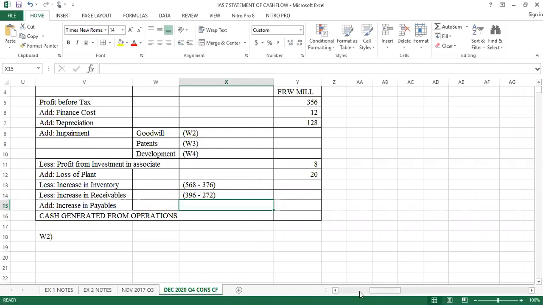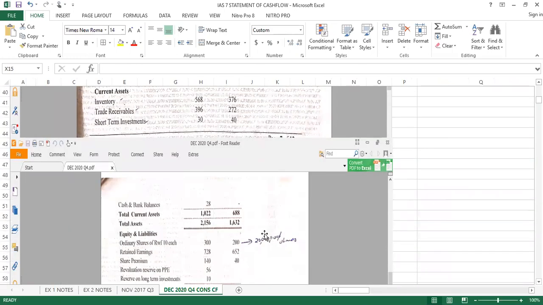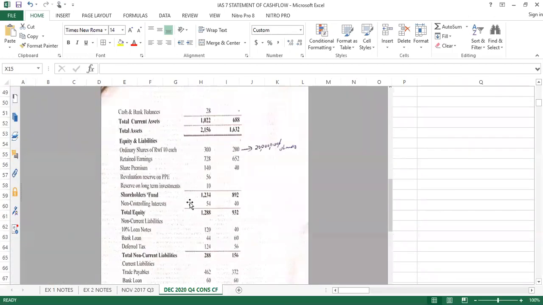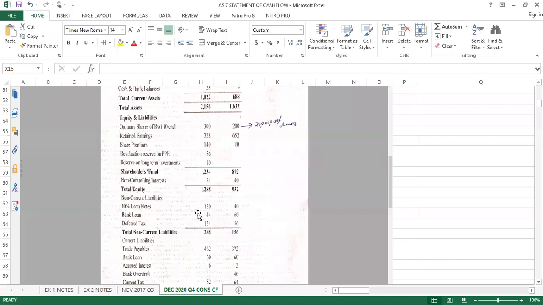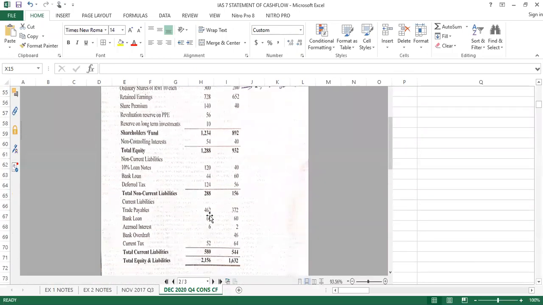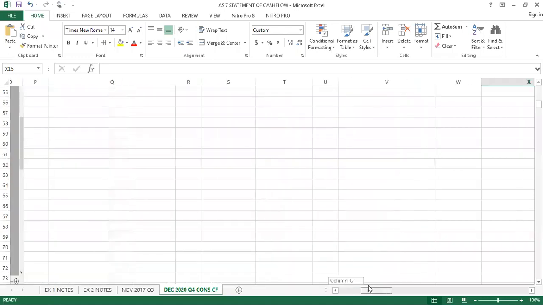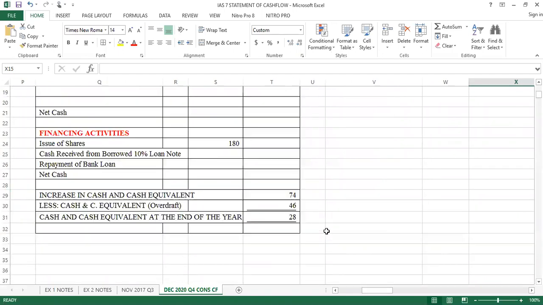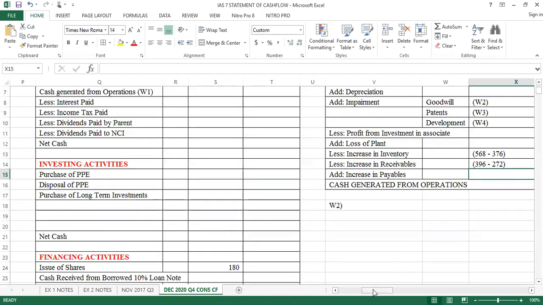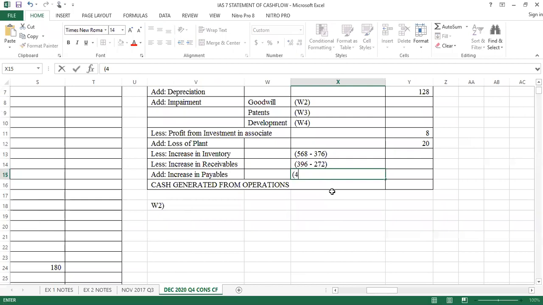Payables is, if there is a correction we will make, don't worry about that. Payables, 462 minus 372. So let's get those values.